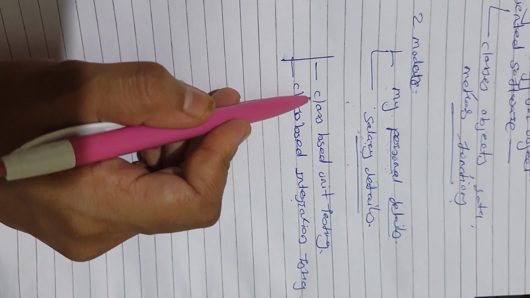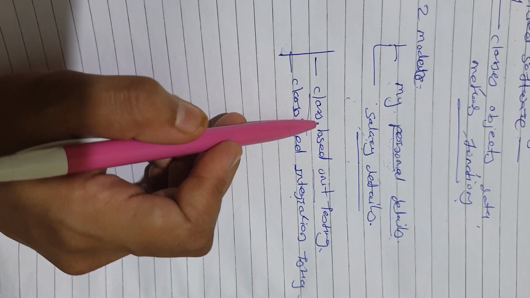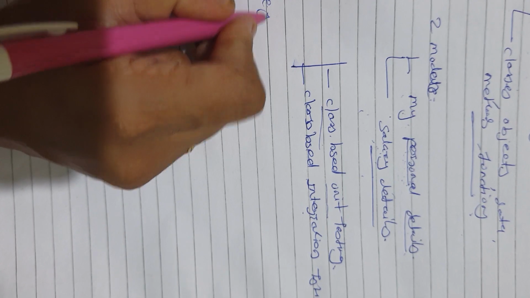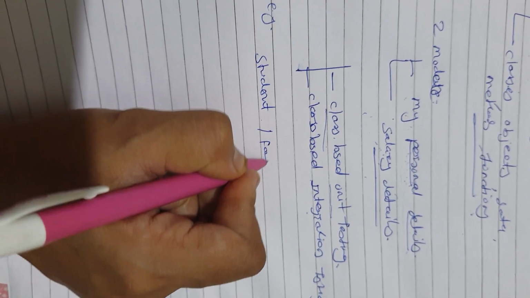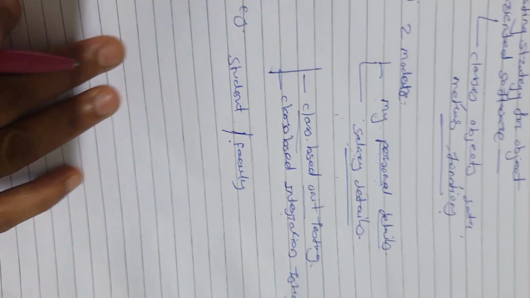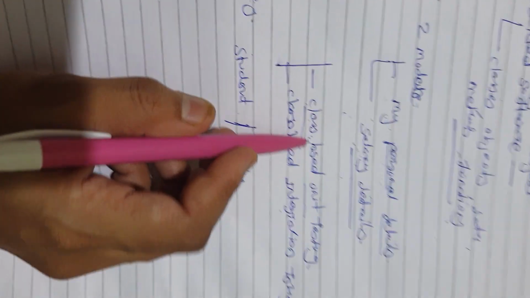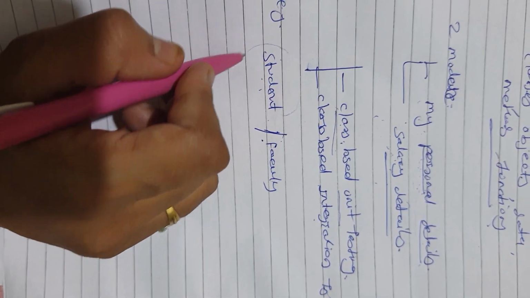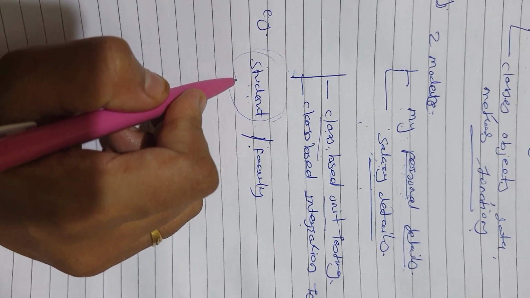So now what is class based unit testing? Suppose consider one class, student or faculty. Consider student as a class or faculty as a class. Performing testing on that individual class is nothing but class based unit testing.